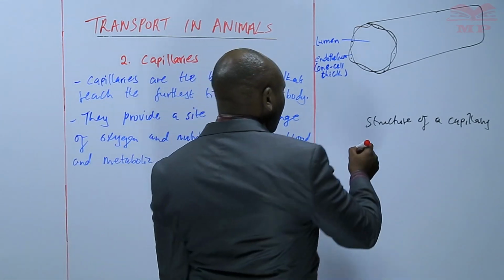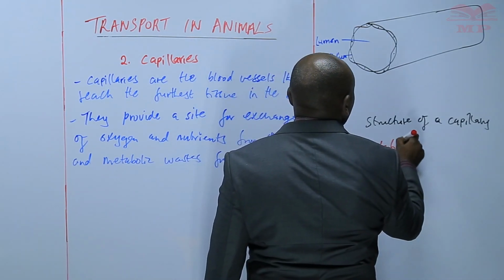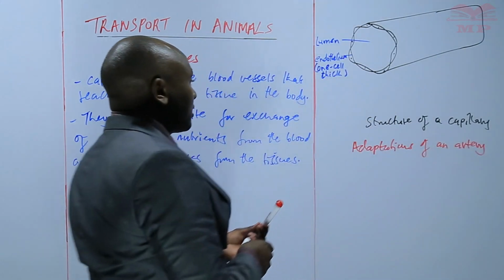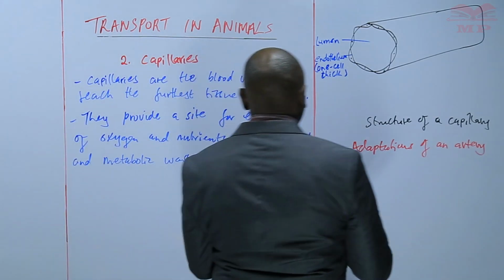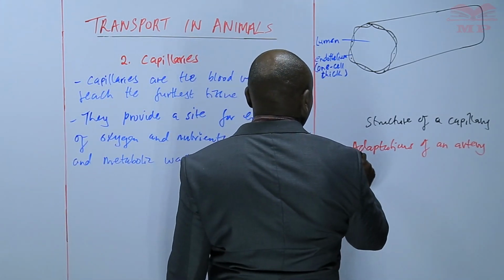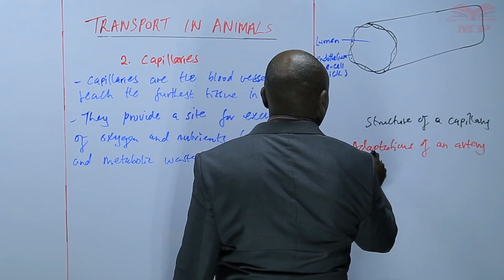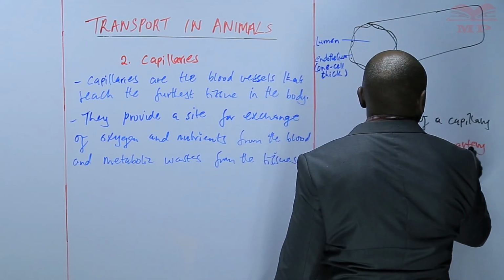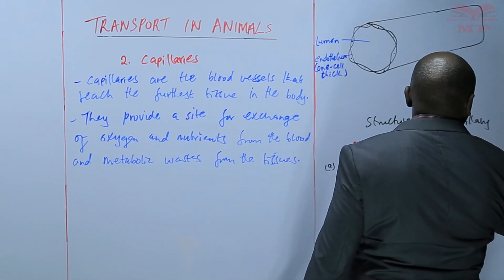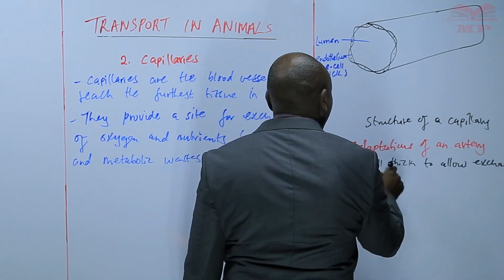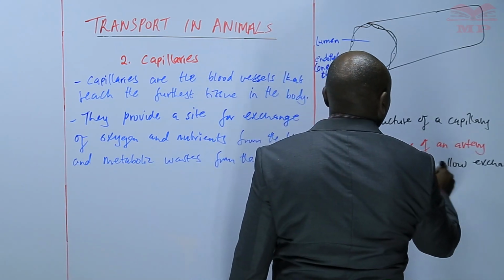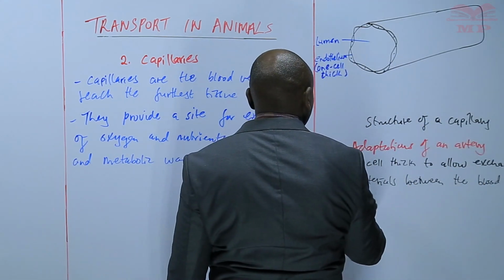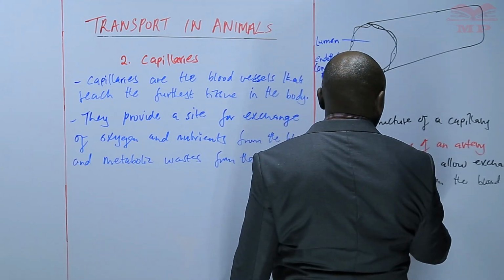So in this case, you can look at the adaptations of a capillary, and the most important thing is that it is 1 cell thick, 1 cell in thickness, to allow exchange of materials between the blood and tissues by a process called ultrafiltration.